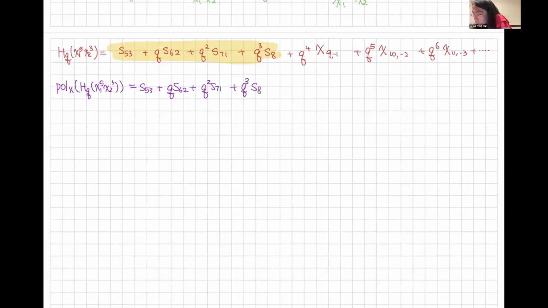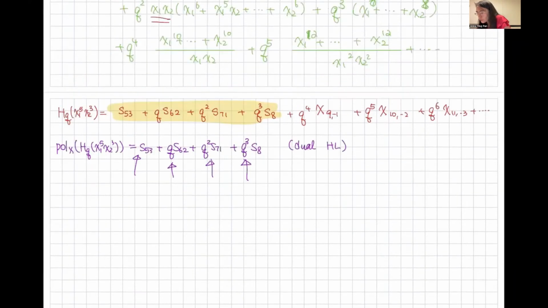So this is a dual polynomial, okay? And all these, including the 1, are just the Q-Kostka coefficients. So that is what I mean by taking the polynomial part.